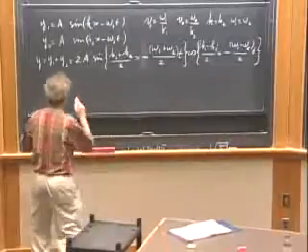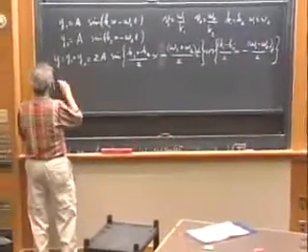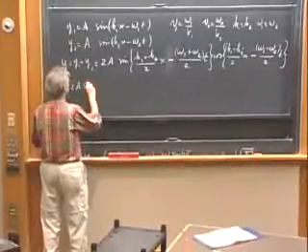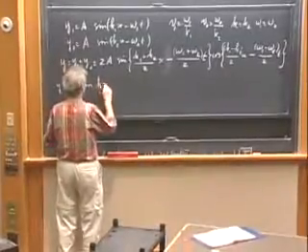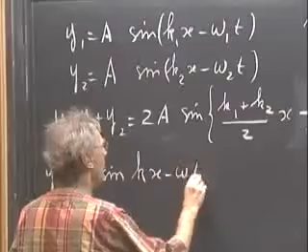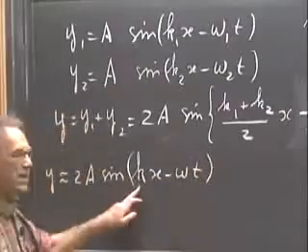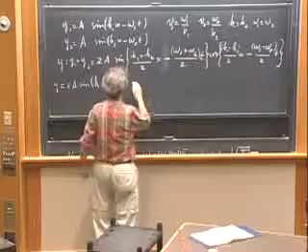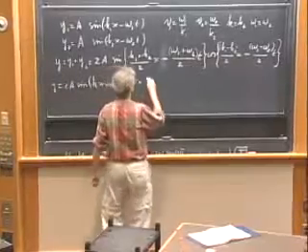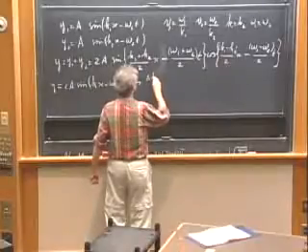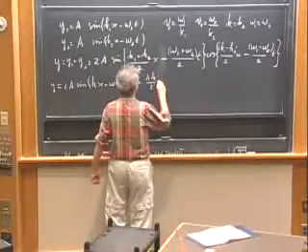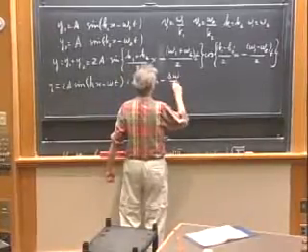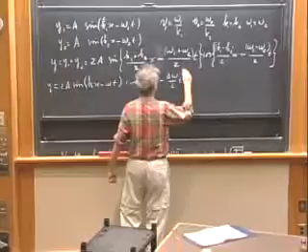So I can rewrite this now, that y is approximately 2a times the sine of k x minus omega t, k being now the mean value between the two, omega being the mean value between the two, times the cosine of delta k divided by 2 times x minus delta omega divided by 2 times t.